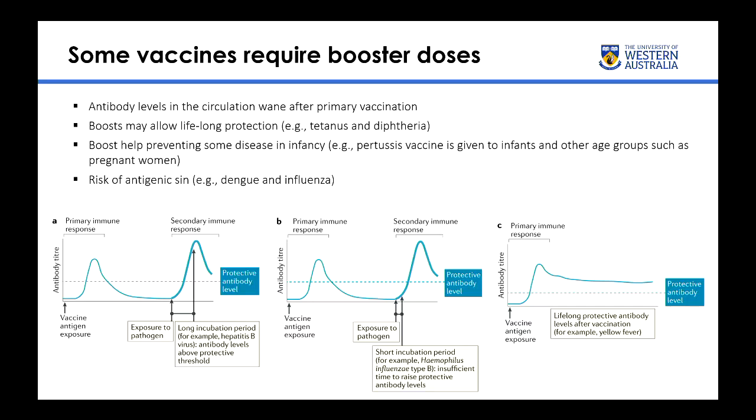Because of that, a low level of antibody was formed in the first dose. When you encounter the pathogen, that antibody, instead of neutralizing the virus, actually facilitates the entry of the virus into cells. That's the antigenic sin helping that.